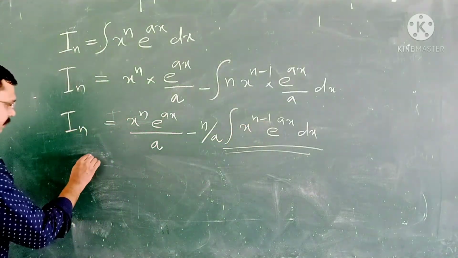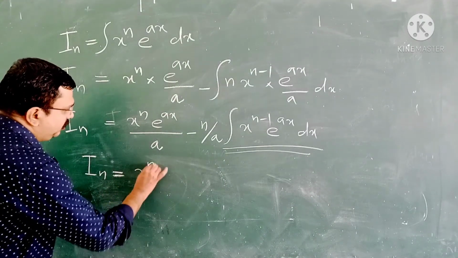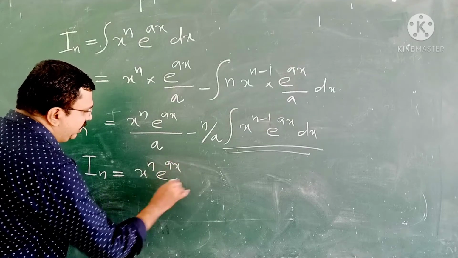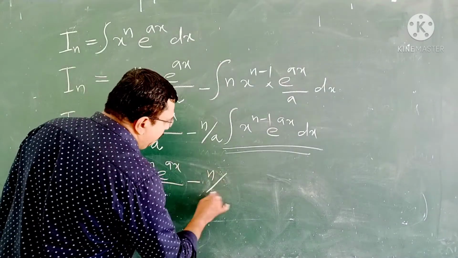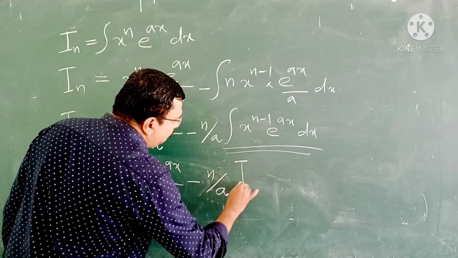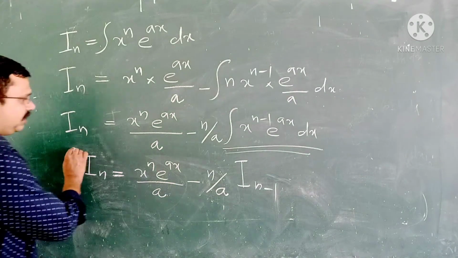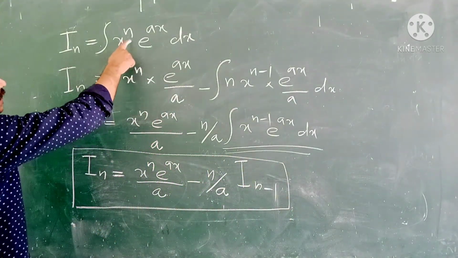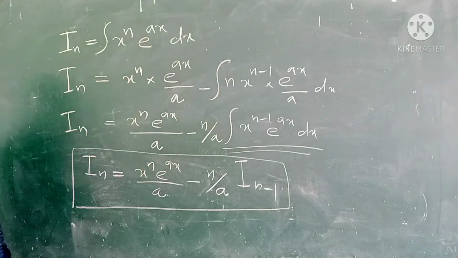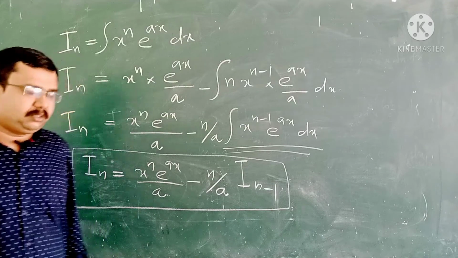Therefore, this can be written as In equal to x raised to n e raised to ax divided by a minus n by a into I n minus 1. Okay, this is the reduction formula for integral x raised to n e raised to ax dx. Okay, please write down in your notebook.